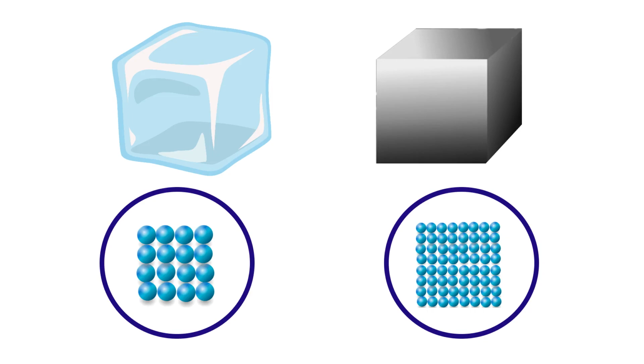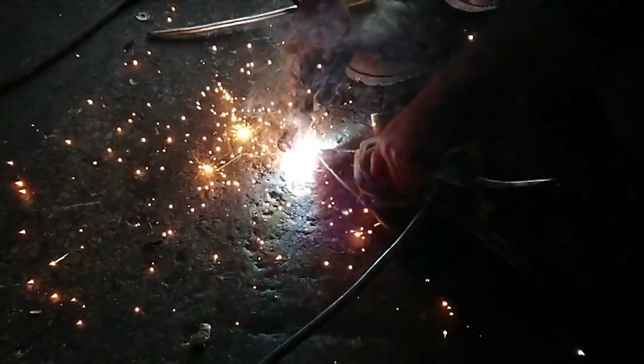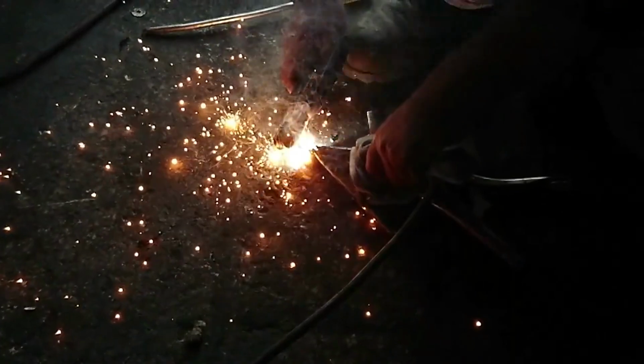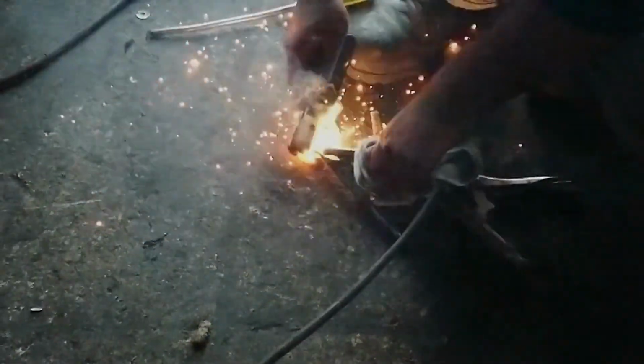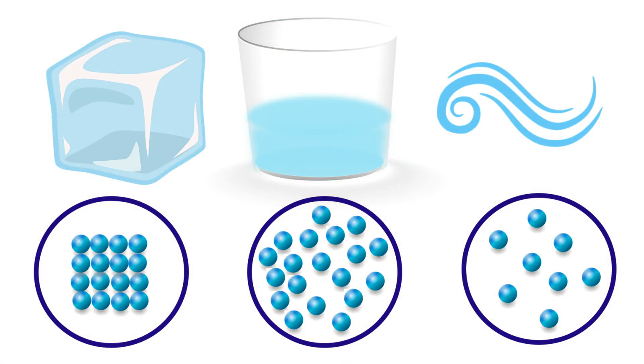There are way more molecules in the cube of metal, even though the cubes are the same size. It takes a lot more energy to separate the metal molecules than the ice water molecules. States of matter.